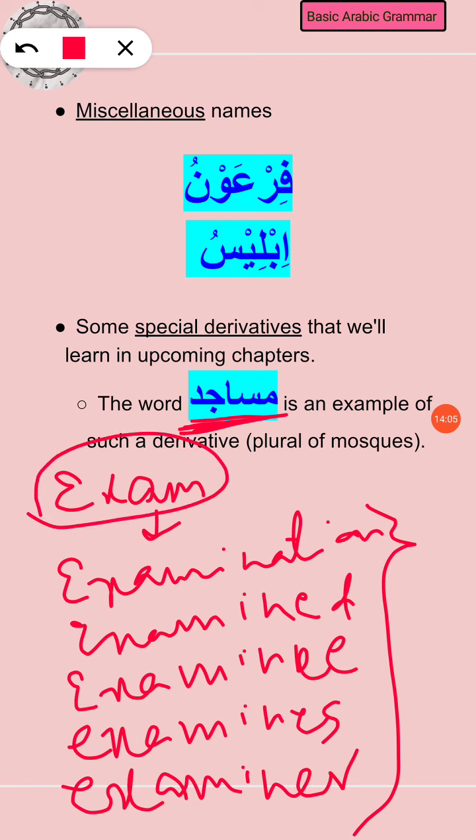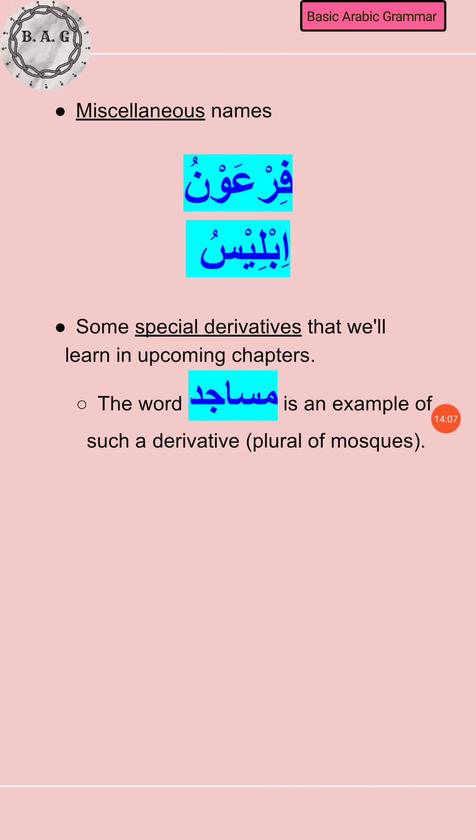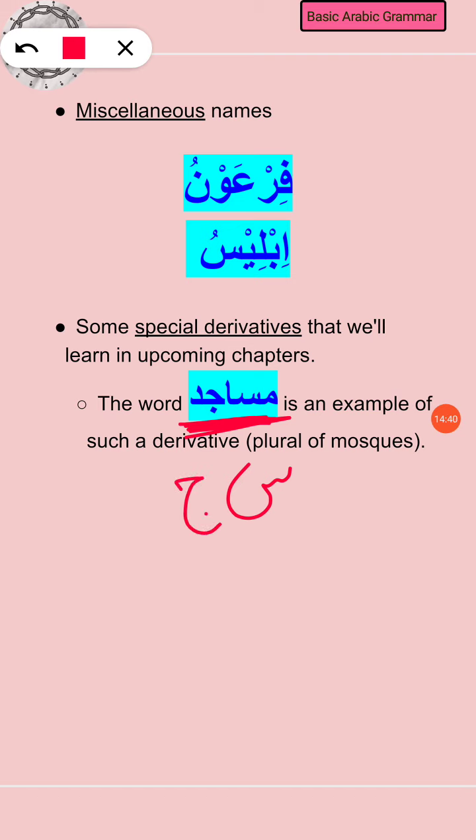Alright, so the difference in Arabic is that this root word actually consists of 3 letters. So if we look at this word masajid, we already know that sajda has 3 letters. We know that the root letters in this word are sin, jim, and dal.